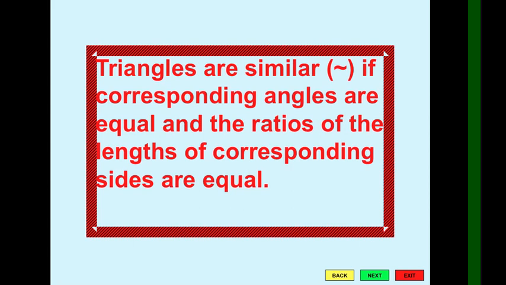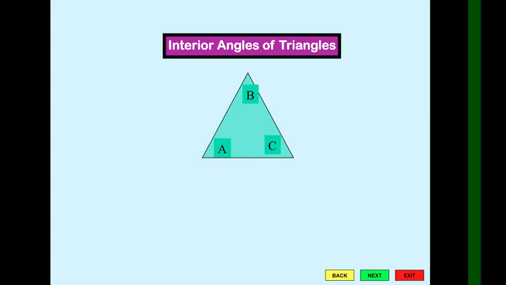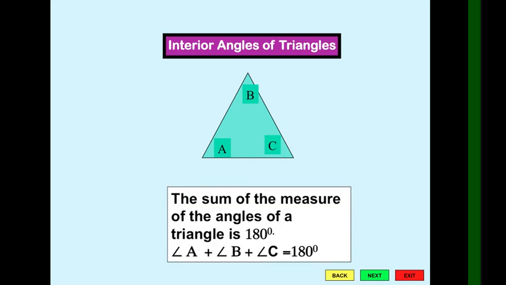So, mapuprove siya using SAS, SSS, tsaka AA similarity theorems. Interior angles of a triangle. So, we have ABC. The sum of the measures of the angles of a triangle is 180 degrees, as we all know. If we add all the angles inside the triangle, we will get 180 degrees.